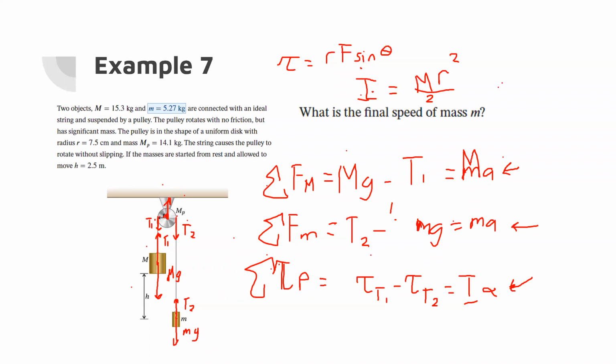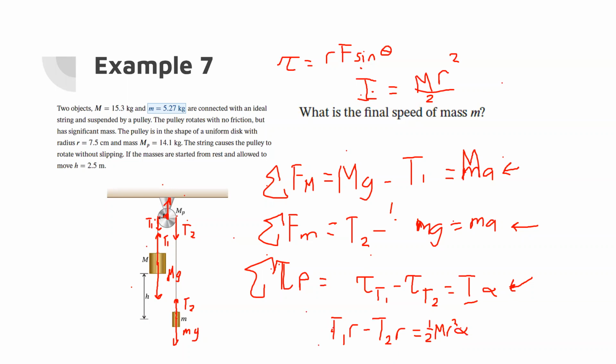And so I can write my torques differently, and I get that torque tension 1 is just going to be tension 1 times r minus tension 2 times r is equal to my moment of inertia, mr squared, and I'll put the 1/2 right here, times alpha.